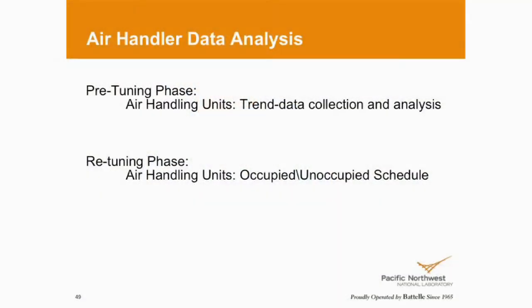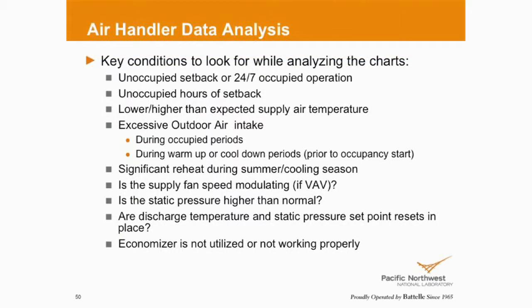So air handler unit scheduling. Again, based on the data that we collected, what does it tell us as far as how well that air handler is scheduled? Is it 24/7? Do we see hours of setback? Are the temperatures for the supply air higher or lower than we expect based on the trend data? Do we see if we've got an excessive amount of ventilation, meaning the economizer?